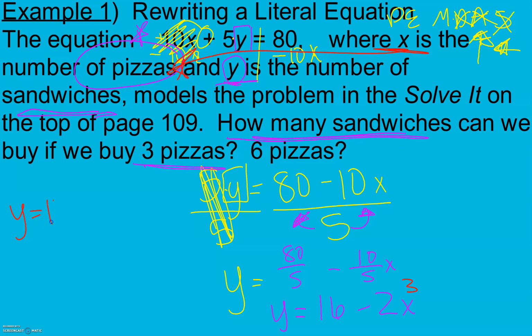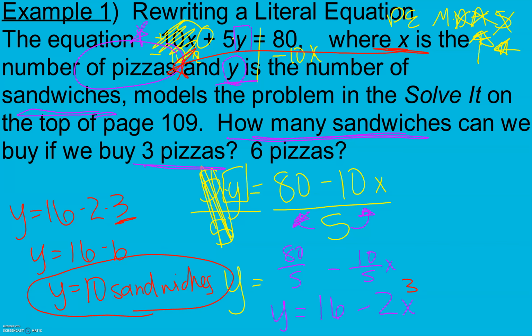So the number of sandwiches is going to be 10 sandwiches if there are 3 pizzas. If we had 6 pizzas, I'm going to plug a 6 in for x. And here I'm going to get 4 sandwiches.